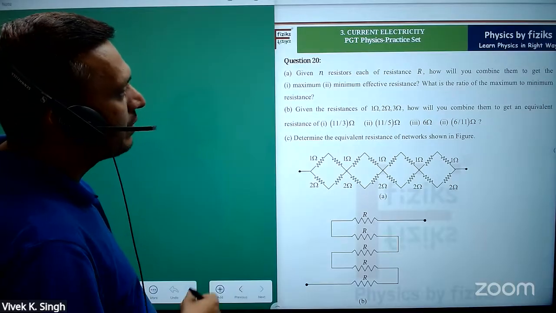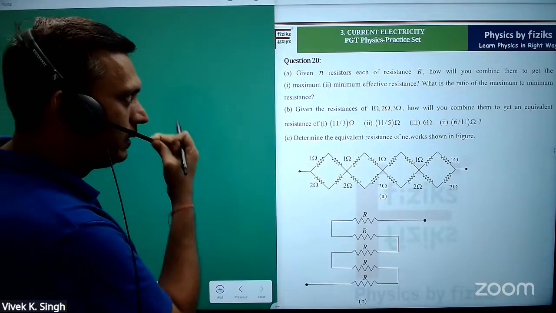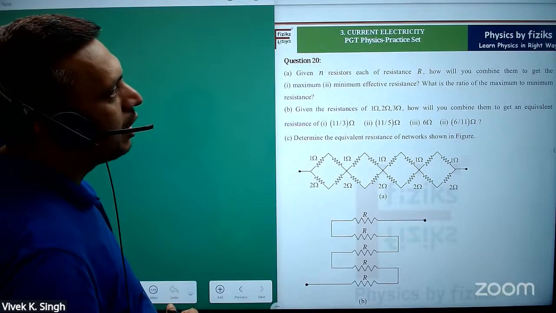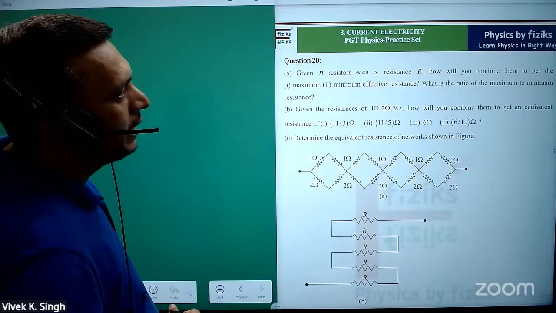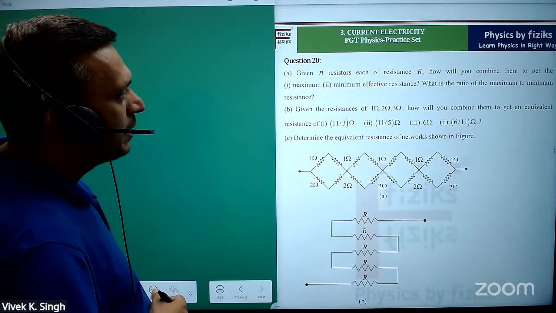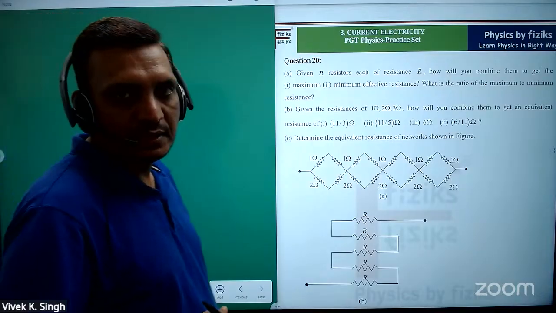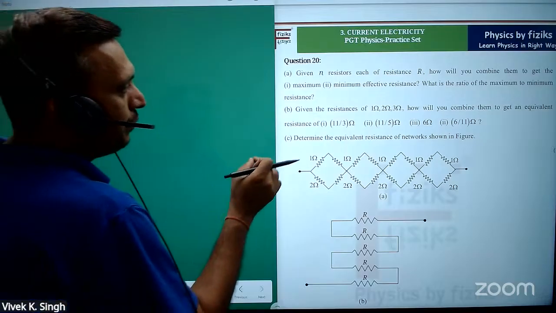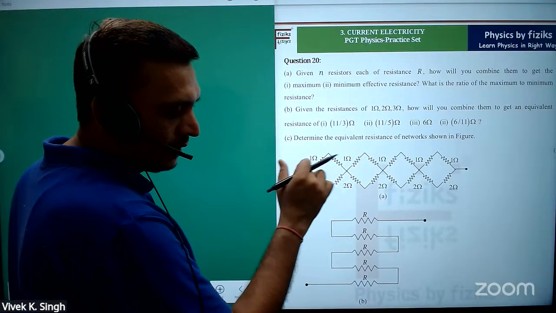There are n resistors, each of resistance capital R. How will you combine them to get the maximum, then the minimum effective resistance? You will get maximum when you connect them in series.